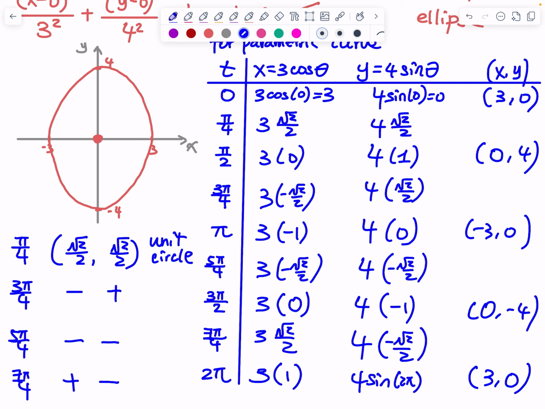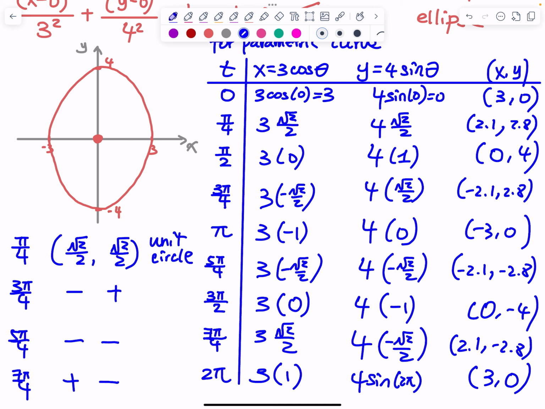So we go from here and then right there, negative 3. And then 0, negative 4. And then we are back to that point. Okay, perfect. And then this point is 2.1 comma 2.8. And then this is negative 2.1 comma 2.8. And then this is negative 2.1, negative 2.8. And then this is 2.1, negative 2.8.